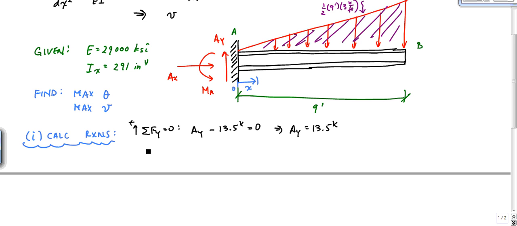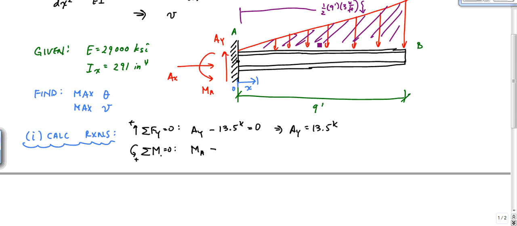And then, to calculate the moment at A, at the fixed support, I'm going to sum moments about a point. I'll sum moments about this point right here, this dot, equal to 0. And I would get MA, the reaction, minus the resultant times the distance from here to the resultant.